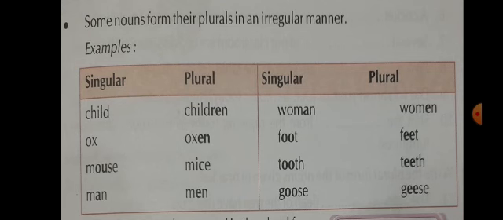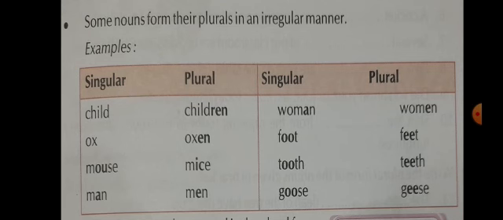Some nouns form their plurals in an irregular manner, which means they do not follow a particular rule and are formed in a different, irregular way. For example, child, children, we add REN in the last. Ox, oxen, we add EN in the last.